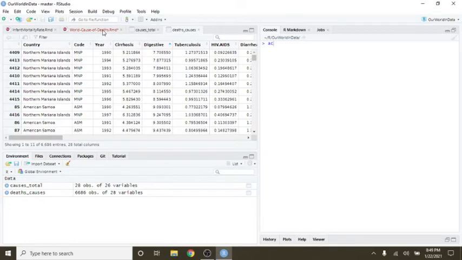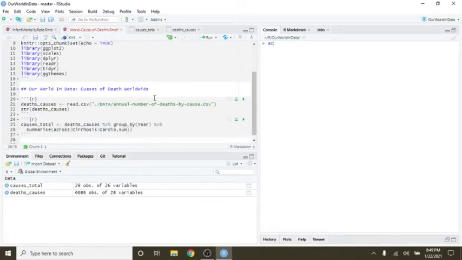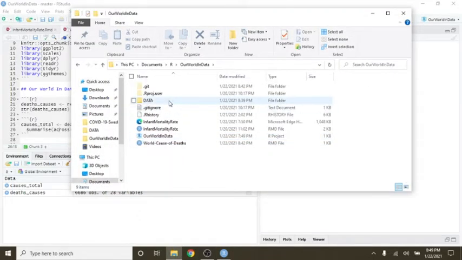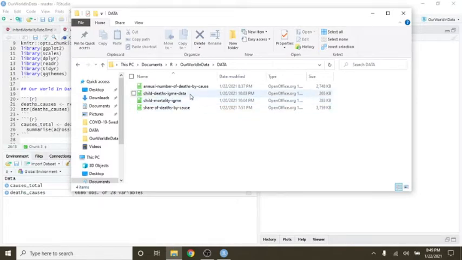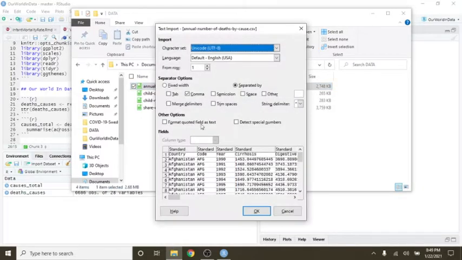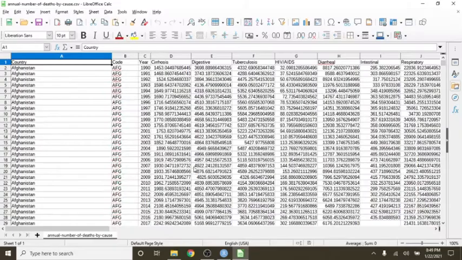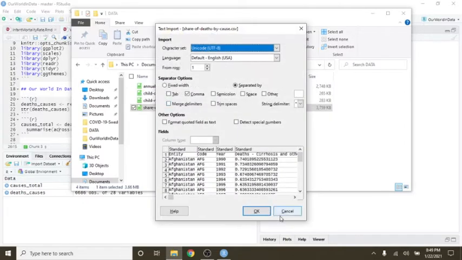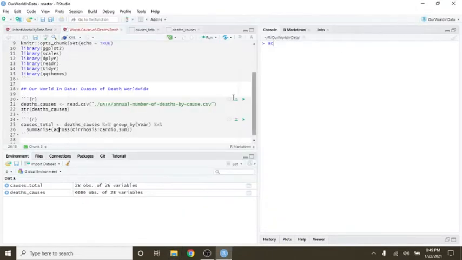Am I looking at the right data? Okay. The first problem is I'm looking at the wrong data.